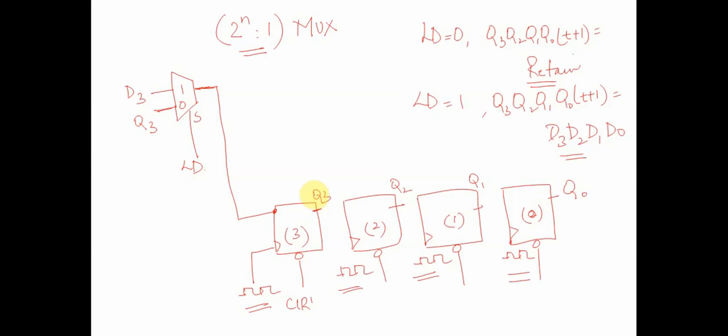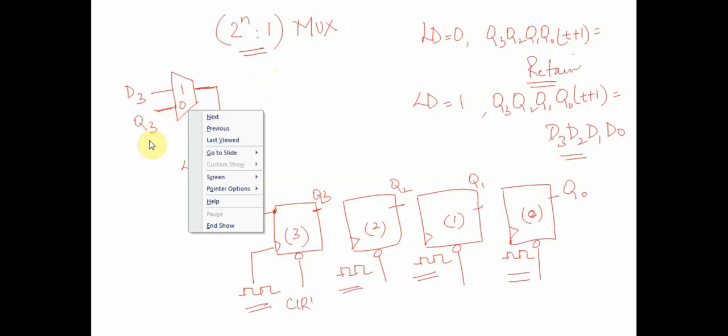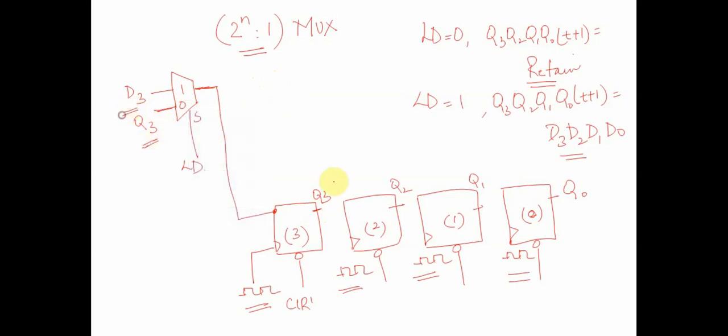Similarly, the same thing could be done for all the other circuits also, where we have to select between D3 or the Q state, where the Q state is the previous state, right? Let's assume when load is equal to 1, what would happen? We will never look at Q3. Any input is reflected at the output over here. But whenever load is equal to 0, the Q3 value over here would be Q3 at time t.